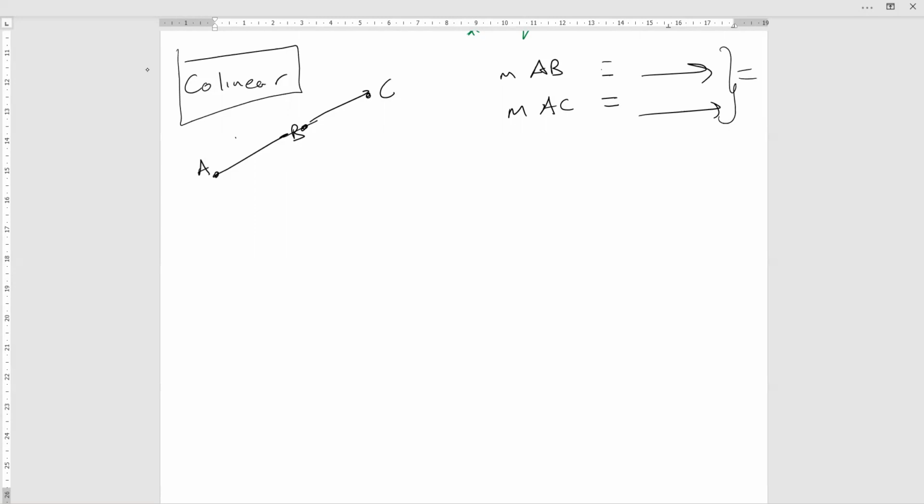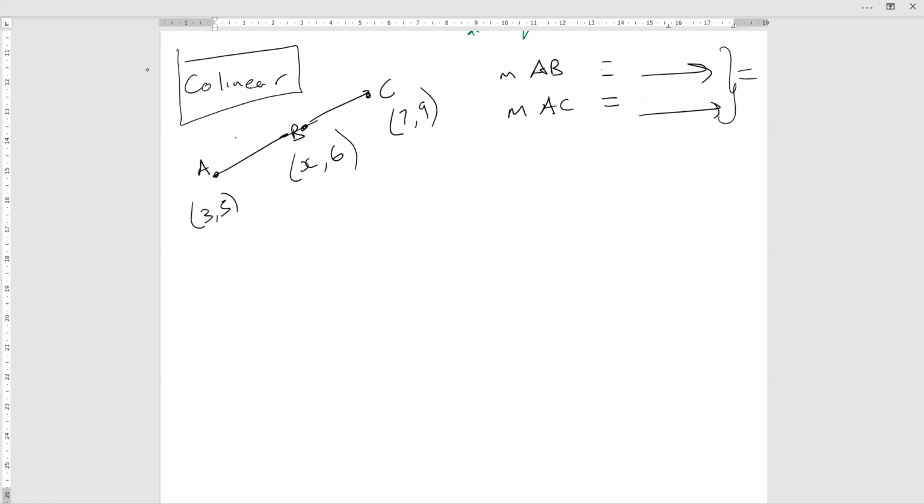Another way is they tell you that it's collinear. They may give you a point and say, all right, this point here is (3, 5). And this point here, you don't know the X value. And this point here is (7, 9). And let's say make this X, 6.